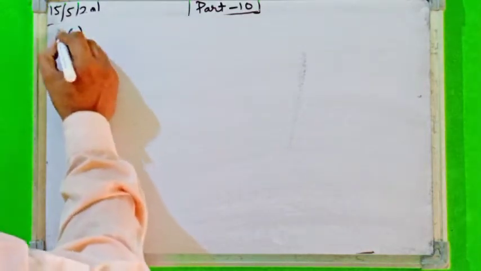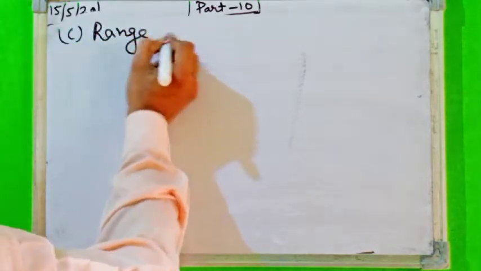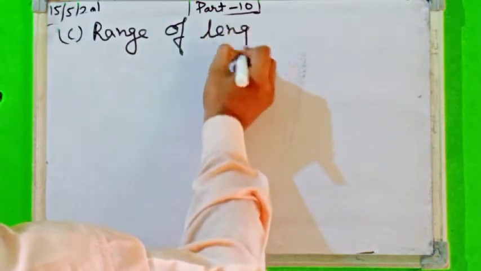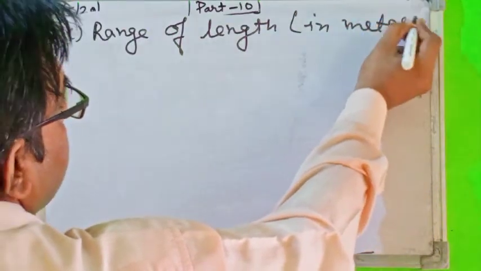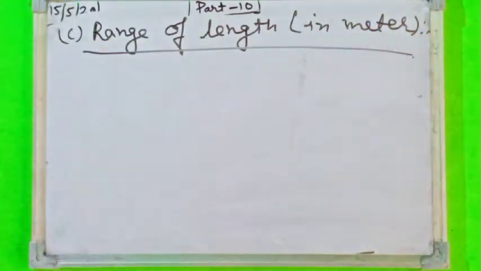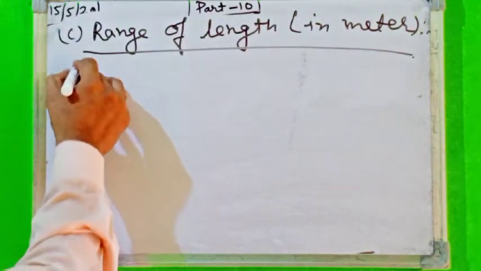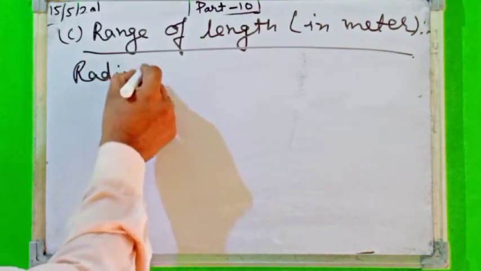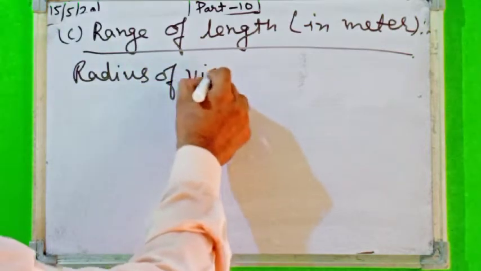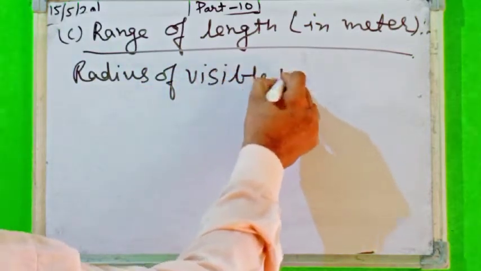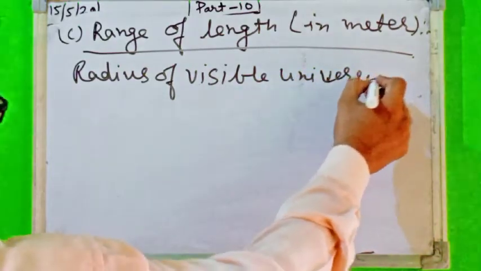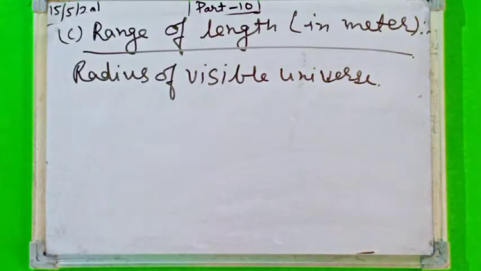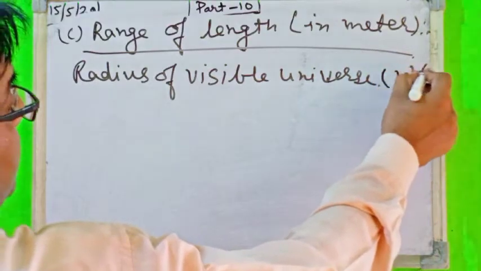So range of lengths in meter. Radius of visible universe is approximately 10 to the power 26 meter.